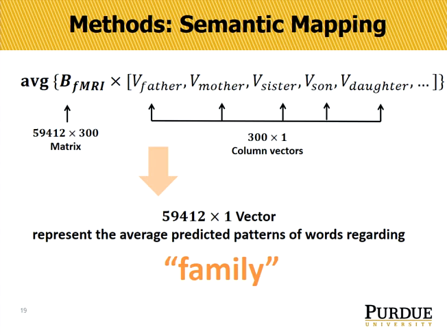To achieve this, we can first manually select a group of words with similar concepts and predict their fMRI responses. And by averaging all these fMRI patterns, we can generate a semantic map for this specific concept.